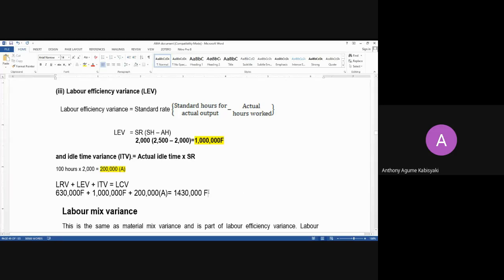So when you sum up the three, you should get your labor cost, because this is my labor cost, 1,430. If you don't get it, then when you look at the chart and sum up all those three, you should get your labor cost variance. So that is labor.